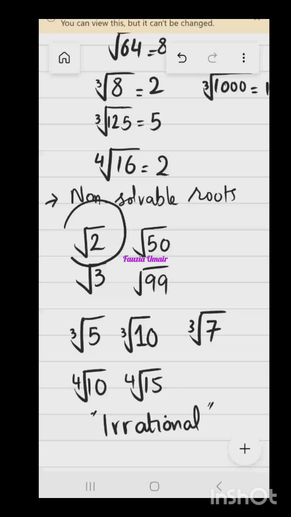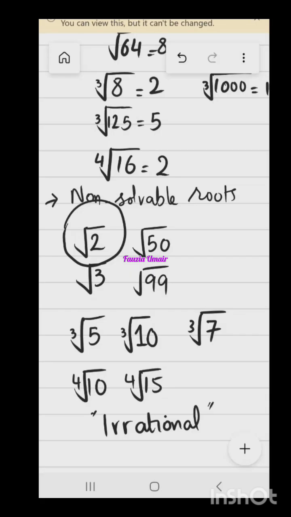It was invented by, I don't know the name of the mathematician. Can anyone recall who worked on irrational numbers? Just give me a minute. Let me quickly search. It is not in my mind, but you might have learned about this mathematician in your history class.